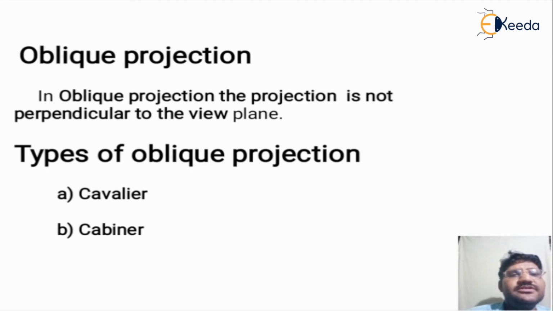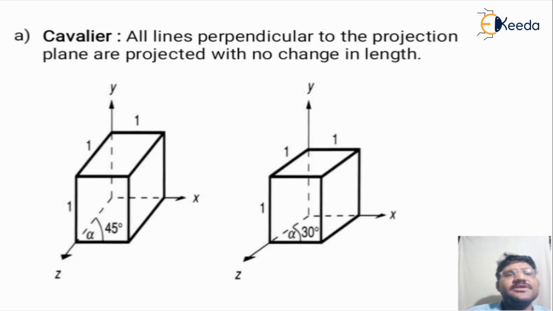Now, oblique projection. In oblique projection, the projection is not perpendicular to the view plane. It can be further classified in two categories, cavalier and cabinet. In cavalier projection, all lines perpendicular to the projection plane are projected with no change in length.